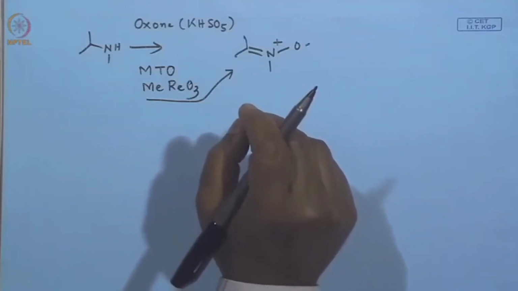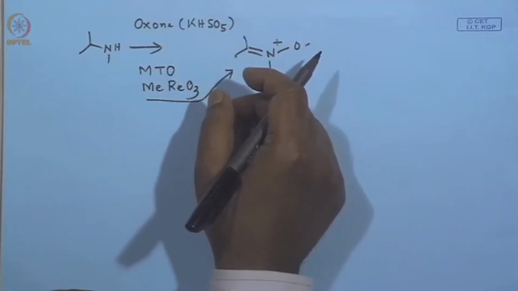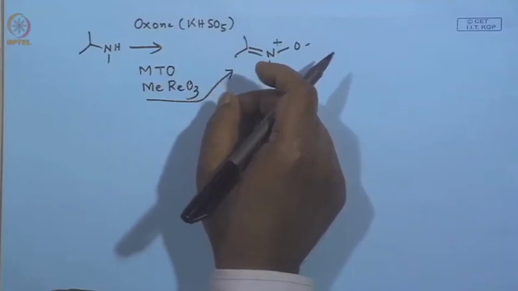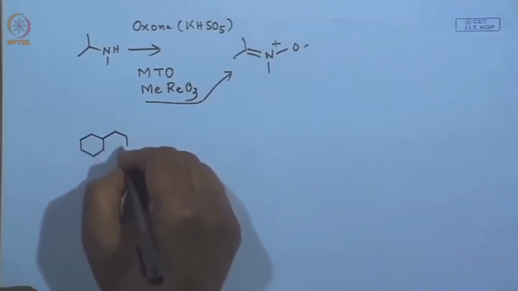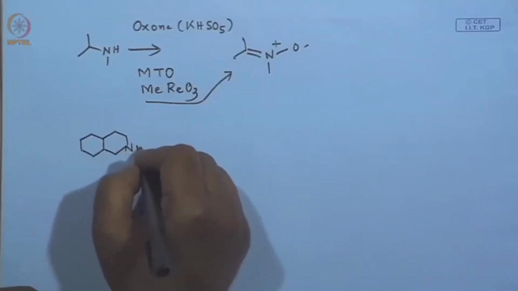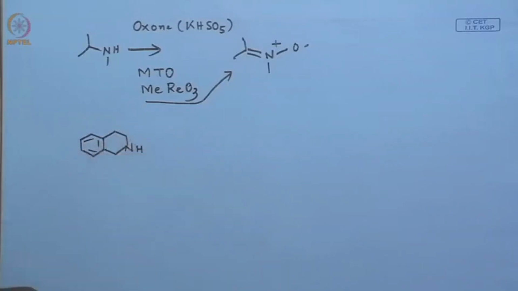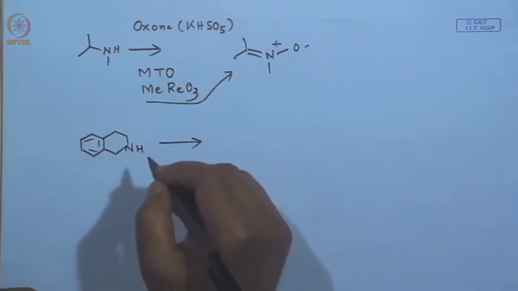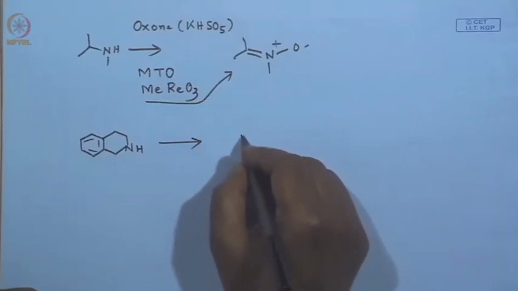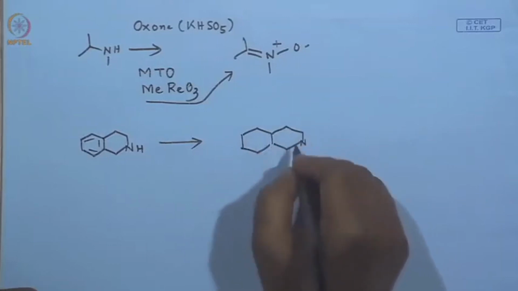Then the other thing, I guess we will ignore some of the things. Probably I will give you one more important thing here, that is oxygen. Oxygen is a terminal oxidant. Suppose you have a heterocycle of this kind, you treat this, and you are likely to get this.